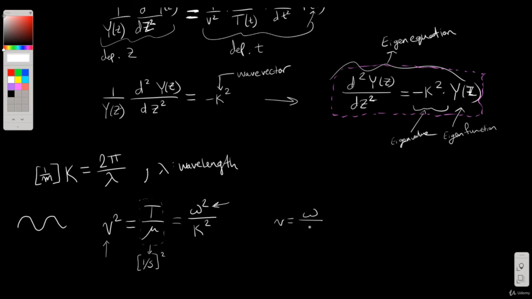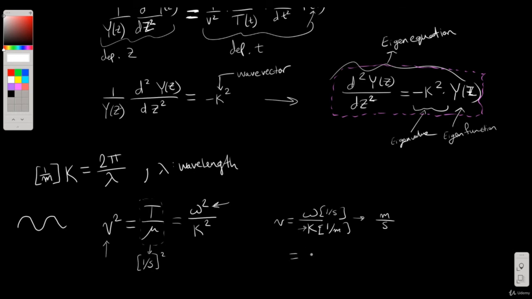So omega over k gives us our total velocity. Here we see that k has units of 1 over meters, and our omega, our angular frequency, has units of 1 over seconds. So this gives us meters over seconds. It makes sense that you have the frequency of your wave and the wave number, which is essentially determined using the wavelength. So if you know the wavelength, you know what this is. You get meters per second.